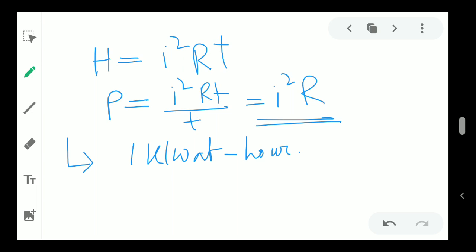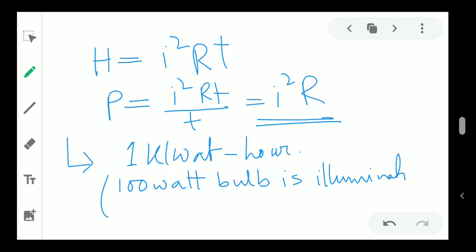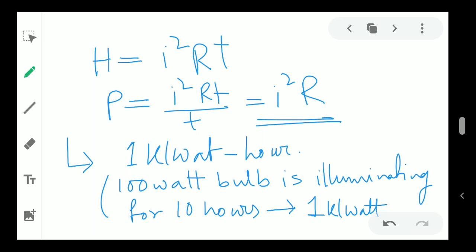So what is the definition of this 1 kilowatt hour? If a 100 watt bulb is turned on, illuminating for 10 hours, then the energy output we say is 1 kilowatt hour, or in normal sense we say BOT, 1 B.O.T. Also we say this BOT or 1 kilowatt hour.